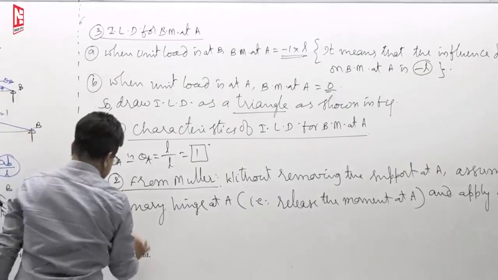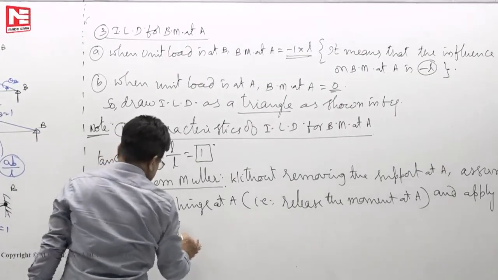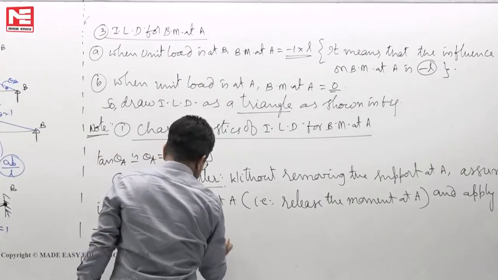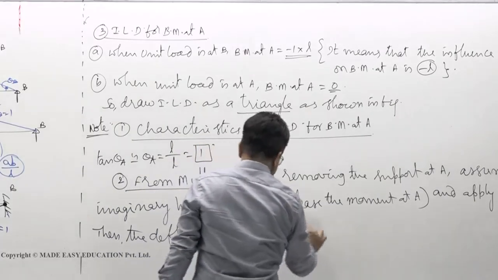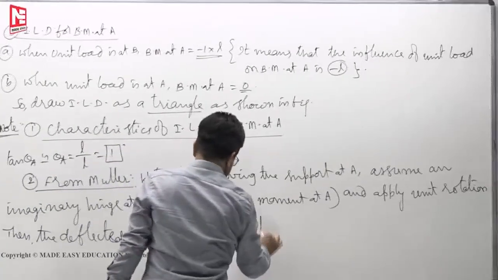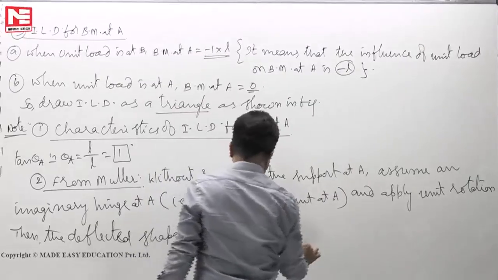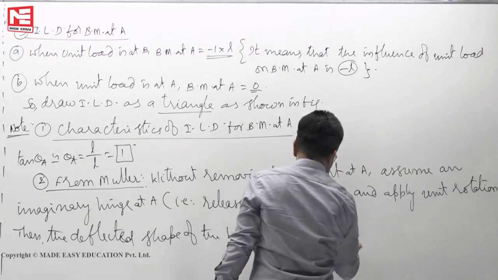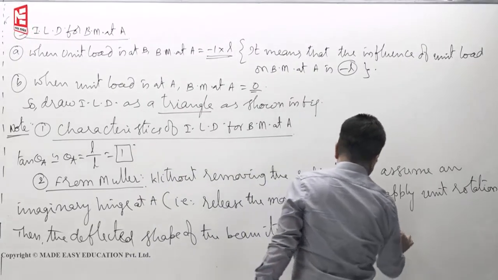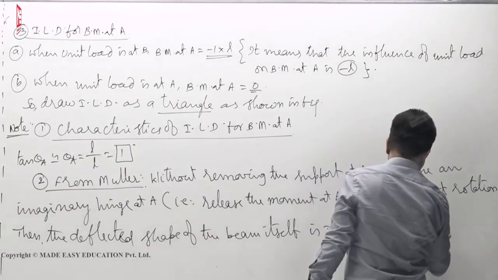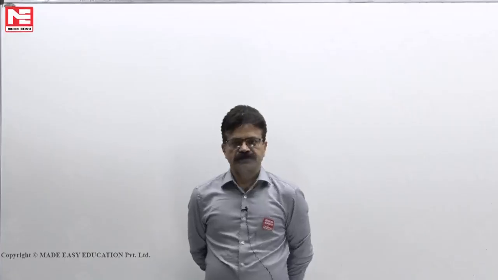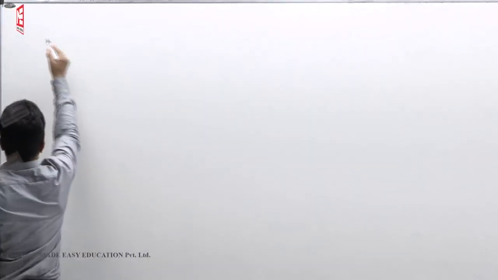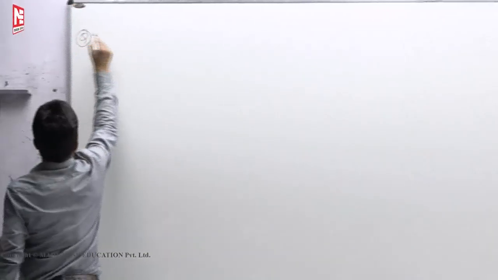Then the deflected shape of the beam. Deflected shape of the beam itself is ILD for bending moment at A. Like that. Now we will see the numericals on the cantilever beams or overhang portions.